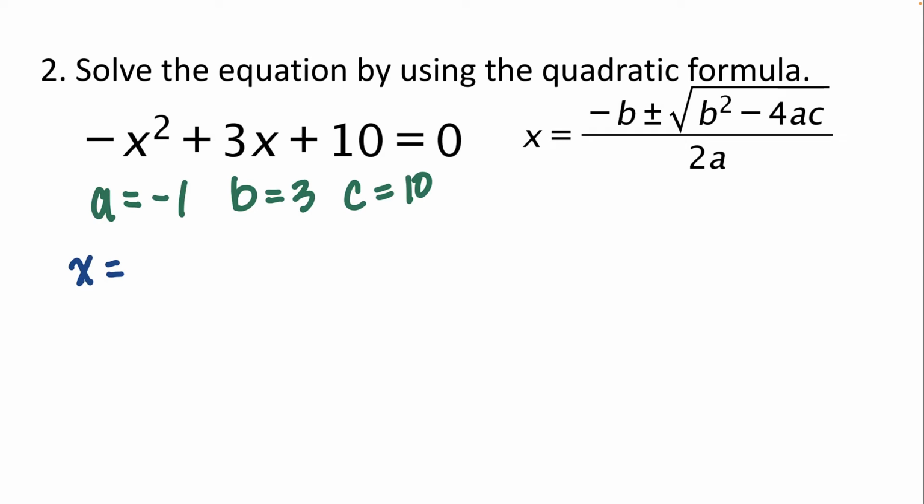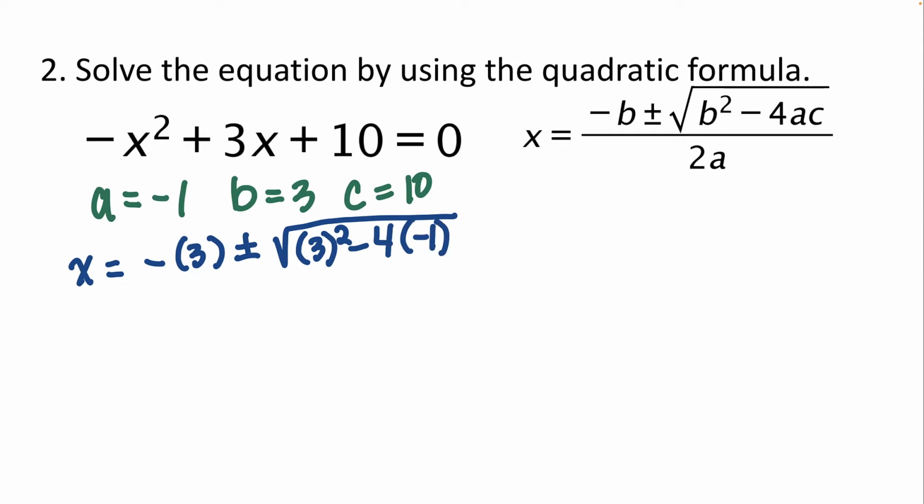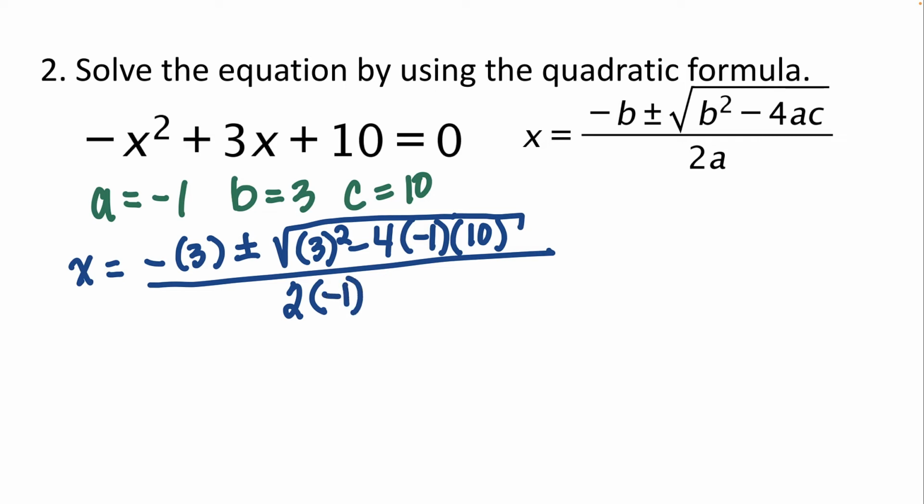So x will be equal to negative 3 plus or minus the square root of b squared, so that will be 3 squared, minus 4 times a, which is negative 1, times c, which is 10, all over 2a. So this will be 2 times negative 1 in the denominator.